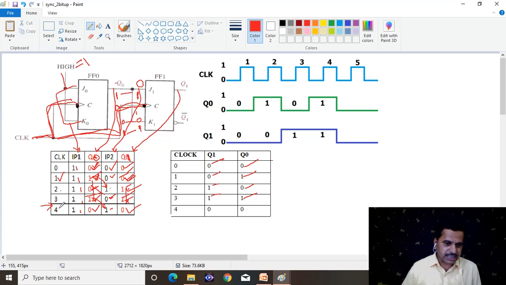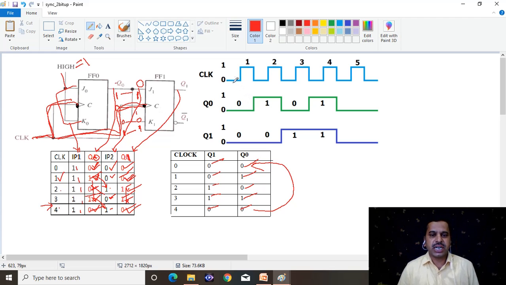When the fourth clock is applied, 0, 0. That repeats. This acts as a 2-bit synchronous up counter. Synchronous means the clock pulse is applied simultaneously to all the flip-flops involved in the counter.